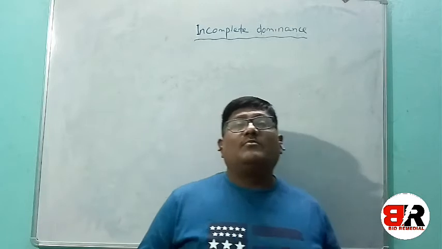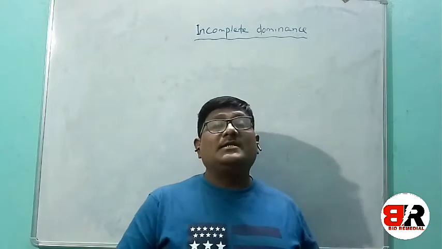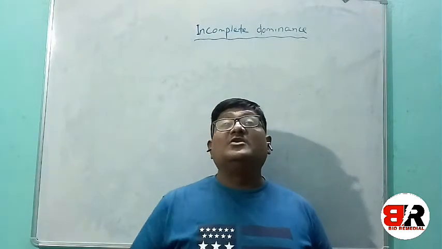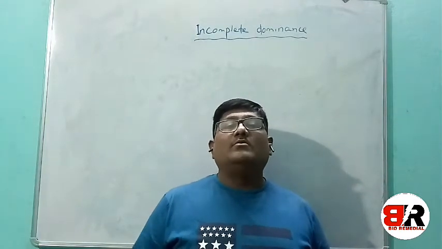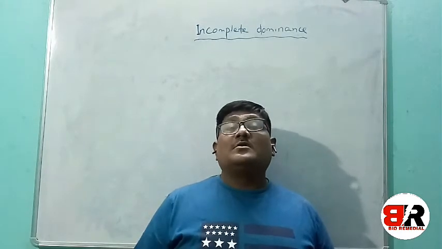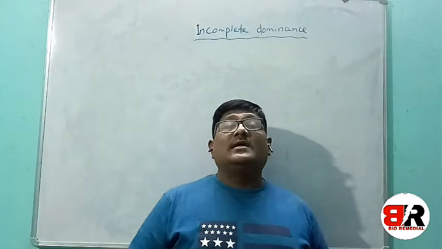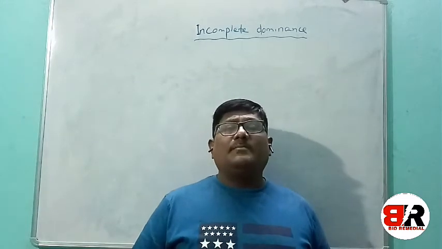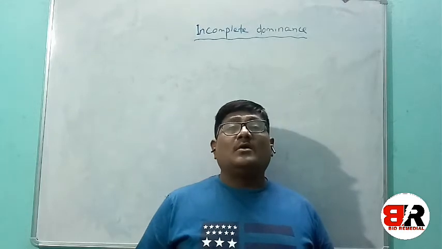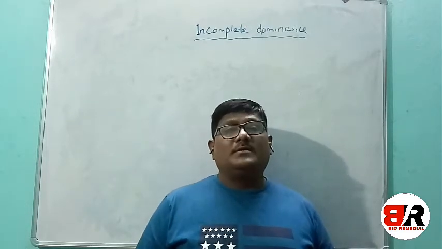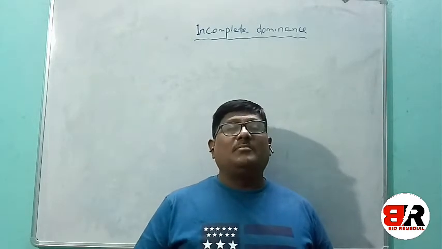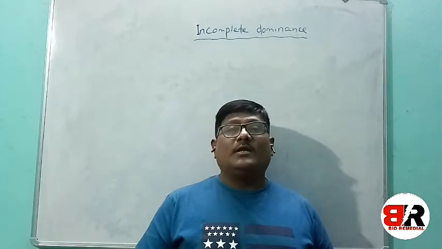One of the German scientists, the German botanist Karl Correns, who was among the three who rediscovered Mendelism, found in a monohybrid cross that neither of the two characters was dominant. He found that both traits from the monohybrid cross were incompletely dominant in the F1 generation. This phenomenon is incomplete dominance, proposed by Karl Correns.